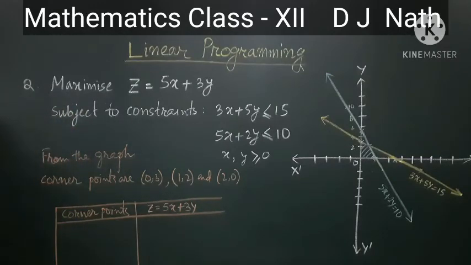So the corner points we have got are 0, 3, then 1, 2, and 2, 0.